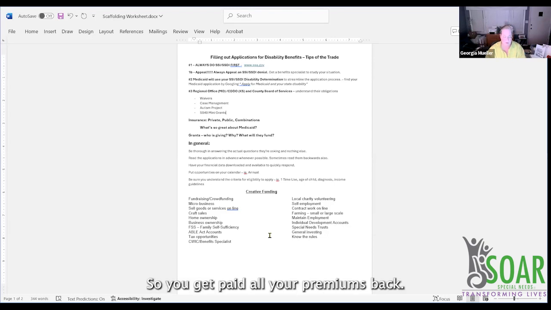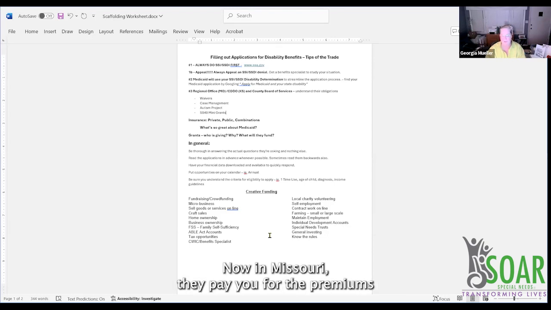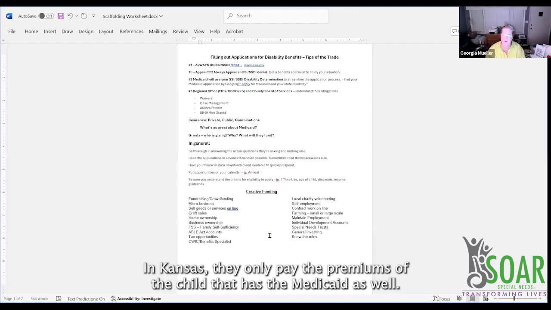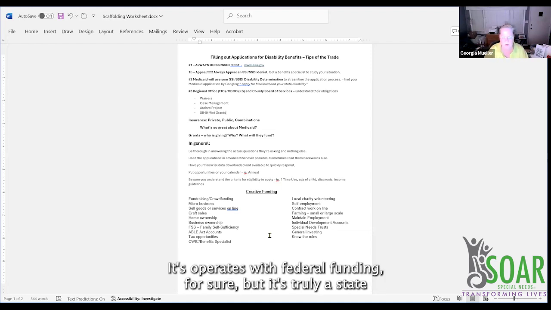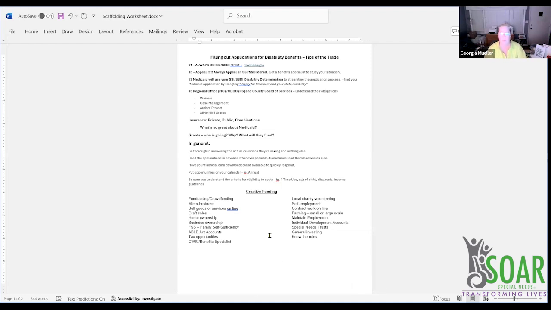So you get paid all your premiums back. In Missouri, they pay the premiums for everybody on that policy. In Kansas, they only pay the premiums of the child who has the Medicaid as well. States can do that any way they want. It's their choice. Medicaid is truly a state program. It operates with federal funding for sure, but it's truly a state run program.